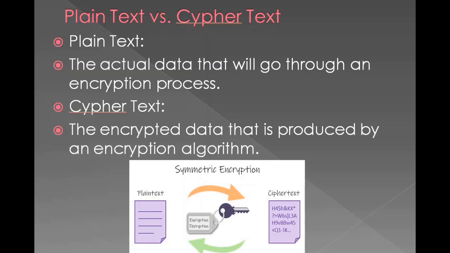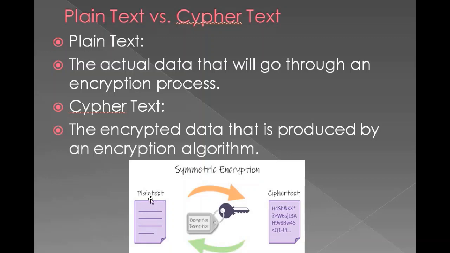Now, before we move along with the types of encryption, there is something which you should know, that is the plain text and the ciphertext. The examiner also often asks, so what is plain text, what is ciphertext, for 1 mark each. So plain text is the actual data that will go through an encryption process, means your data before going through encryption is known as plain text, whereas the ciphertext is the encrypted data that is produced by an encryption algorithm.